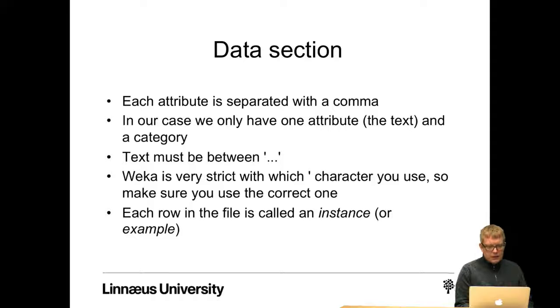Each attribute is separated with a comma, and in our case we only have one attribute, the text, and a category, and the text must be within these single quote marks. Weka is very strict with which single quote character you use, so make sure that you use the correct one, otherwise we get an error when you try to load the dataset. And each row in the file is called an instance or example in Weka.